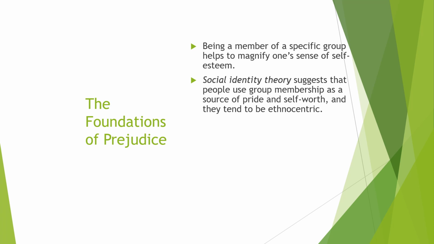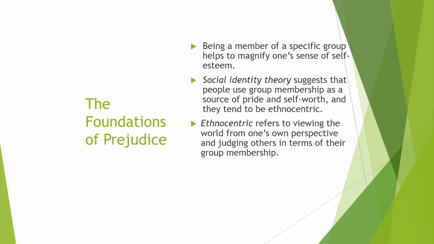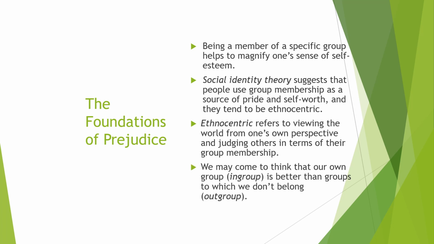Ethnocentrism refers to viewing the world from your own perspective and judging others in terms of their group membership. And what happens is that now we have what are called in-groups and out-groups.